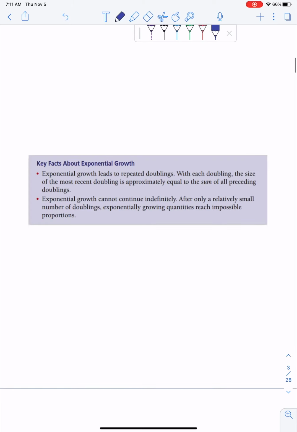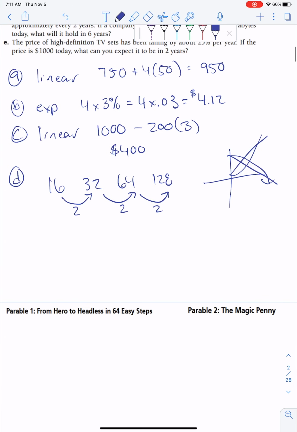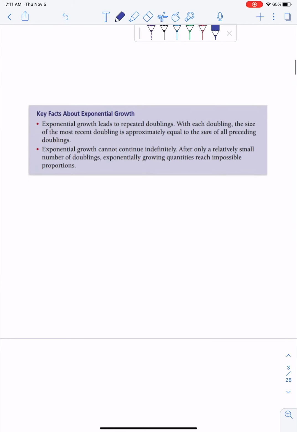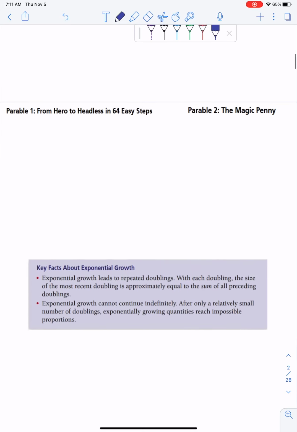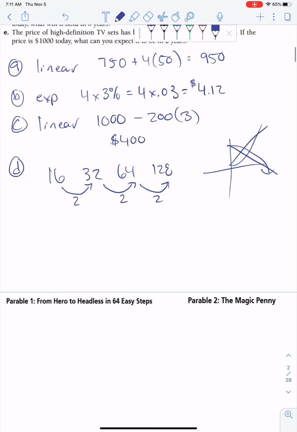So a few things that you need to keep in mind about exponential growth. Exponential growth leads to repeated doublings, like what we just saw with the terabytes. It went up by 16, then it went up by 32, then it went up by 64. With each doubling, the size of the most recent doubling is approximately equal to the sum of all the old doublings, which is kind of cool.